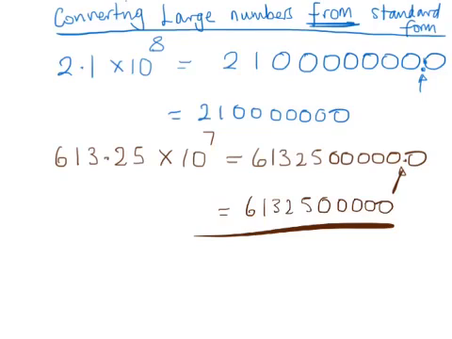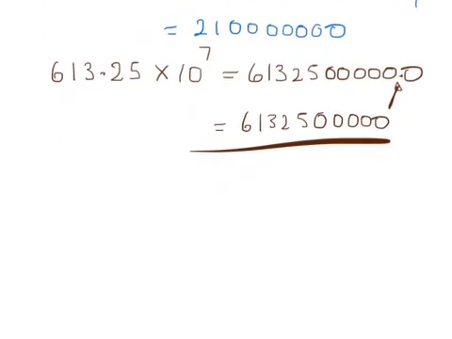Okay, another example. Let's do 9.64 times 10 to the 3. Well, this is a big number, first of all, because this index is positive.